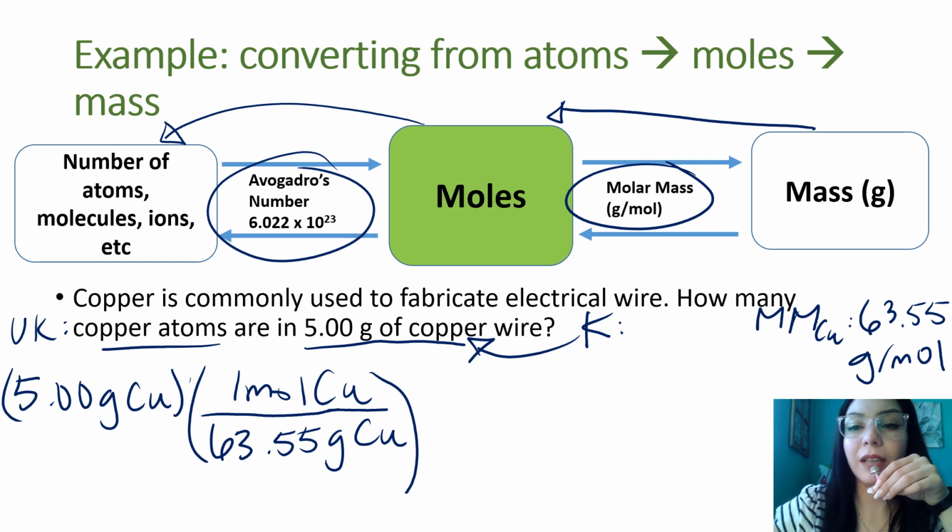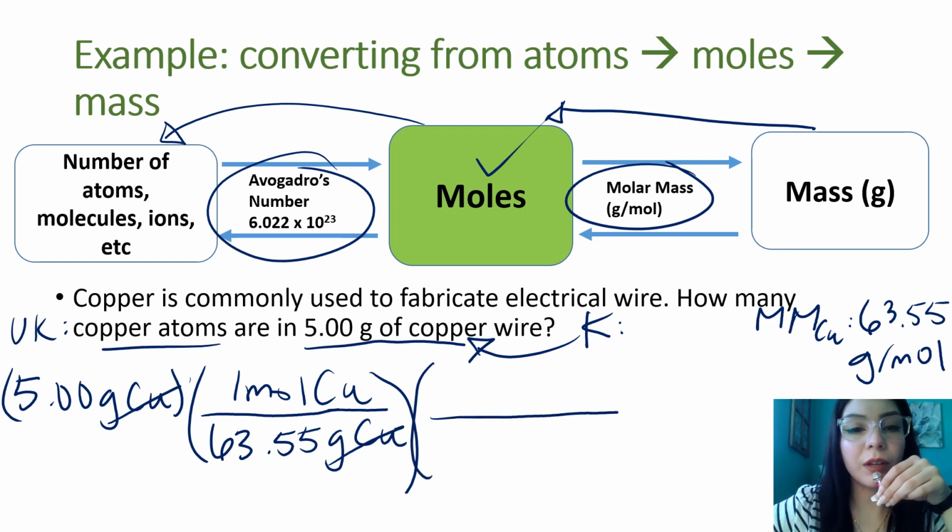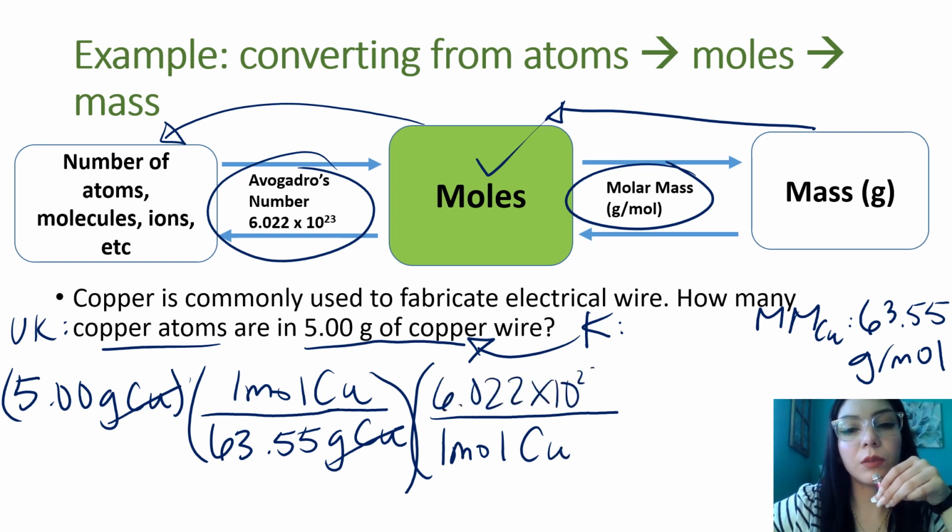So I got the mass of copper, and I went ahead and set it up just to save us some time. So I took the mass from the periodic table, and then I put the grams at the bottom, they cancel out. We end up at moles, so now we're here, moles of copper. We still need to get to atoms, so we are going to use Avogadro's number. So 1 mole of copper, 6.022 times 10 to the 23rd atoms, Cu.